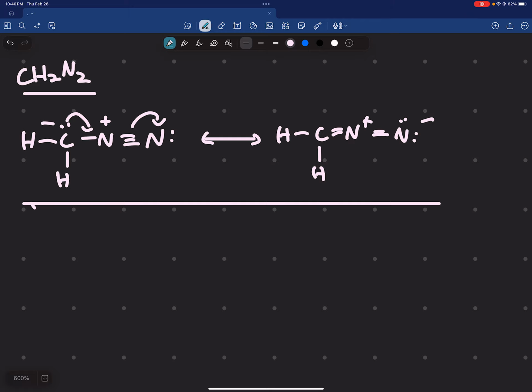So if we treat a carboxylic acid with diazomethane in an ether solution, this will convert the carboxylic acid to its respective methyl ester.